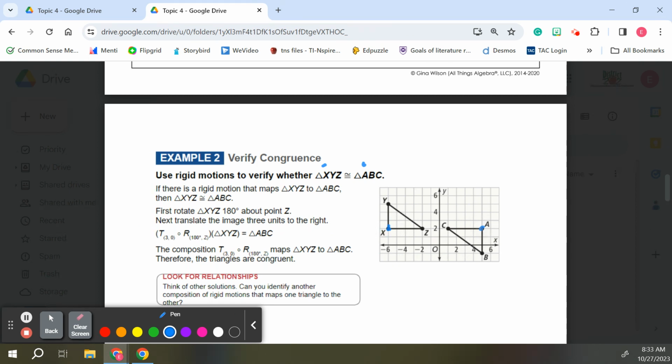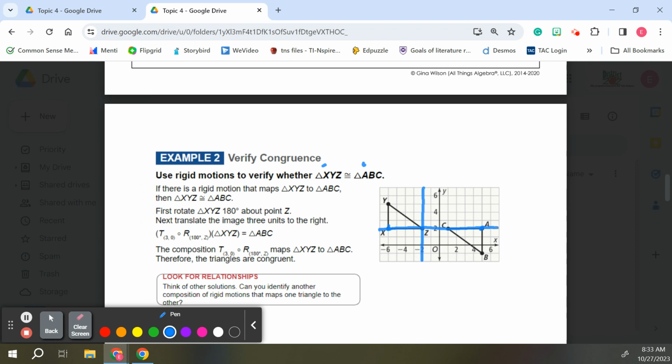The thing that they're saying is you need to first rotate 180 about point Z. So if we're doing 180 about point Z, that's 2, 2. Going across, find those new points, and see where it lands.